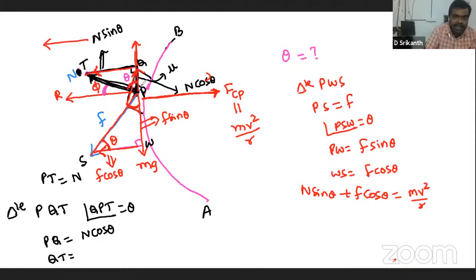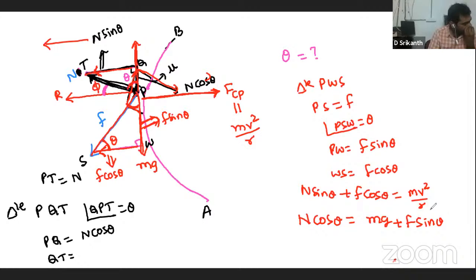See here, PQ is nothing but N cos theta. Downwards we are having mg as well as F sin theta. So I can write it as N cos theta is equal to mg plus F sin theta.